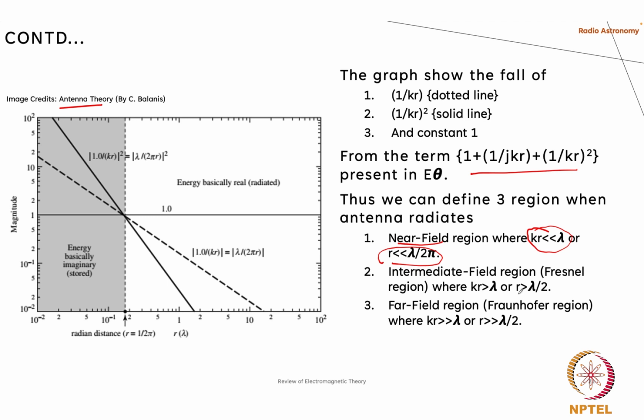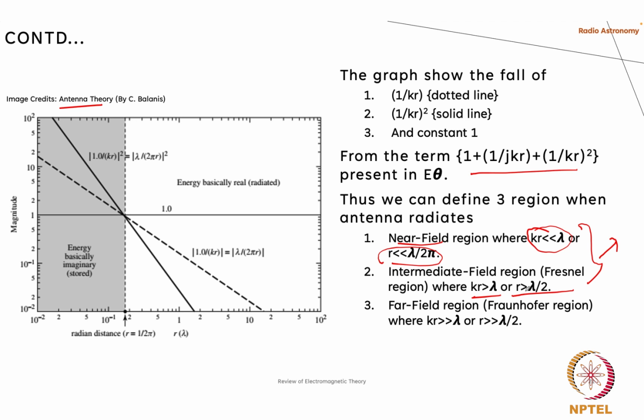If kr is greater than 1, or r is around lambda by 2 pi, then it is in the intermediate region or Fresnel region. So in these two field regions the antenna is still not radiating. It's not completely converting the electrical energy into electromagnetic energy.